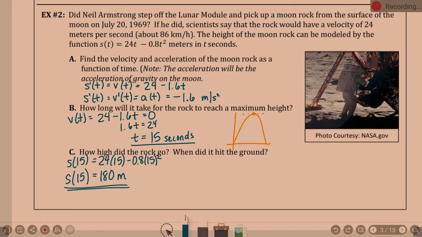That the velocity is 0. Don't think velocity. Acceleration is 0? No. In algebra, I use this: when it hits the ground, the height is 0. You're trying to use calculus, and we really don't need a lot of calculus for this one. If they're giving us a position formula, we're looking for when does s of t equal 0. So when does 24t minus 8/10 t squared equal 0?